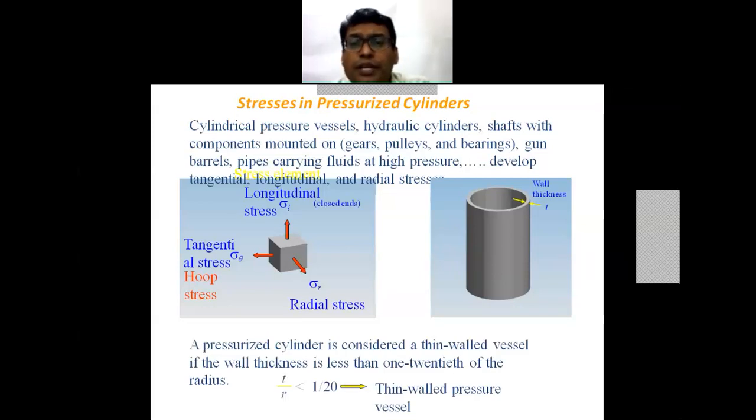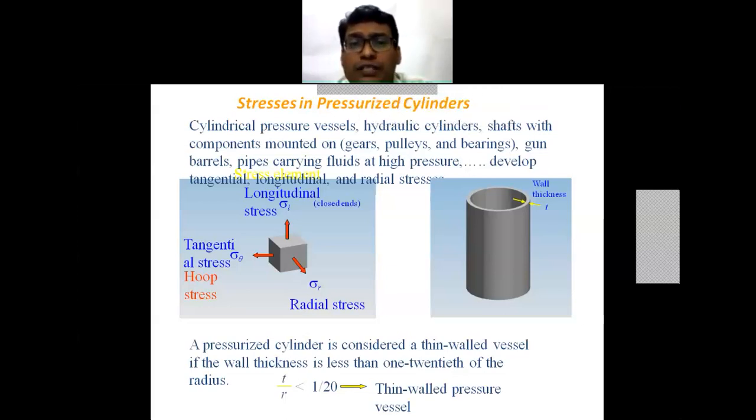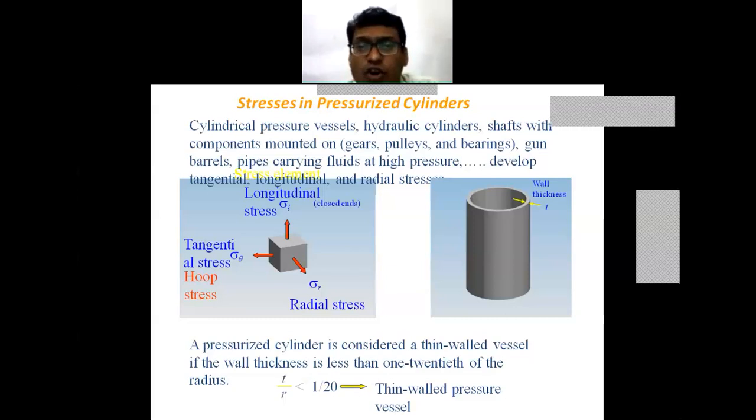So cylindrical pressure vessels, that is the hydraulic cylinder, shafts and the components on gear, pulleys, then barrels, then pipes carrying fluid at a high pressure, all will be exposed to these different stresses due to the internal pressure. So a pressurized cylinder is considered to be thin wall, and this ratio is in terms of t and r instead of t and D.